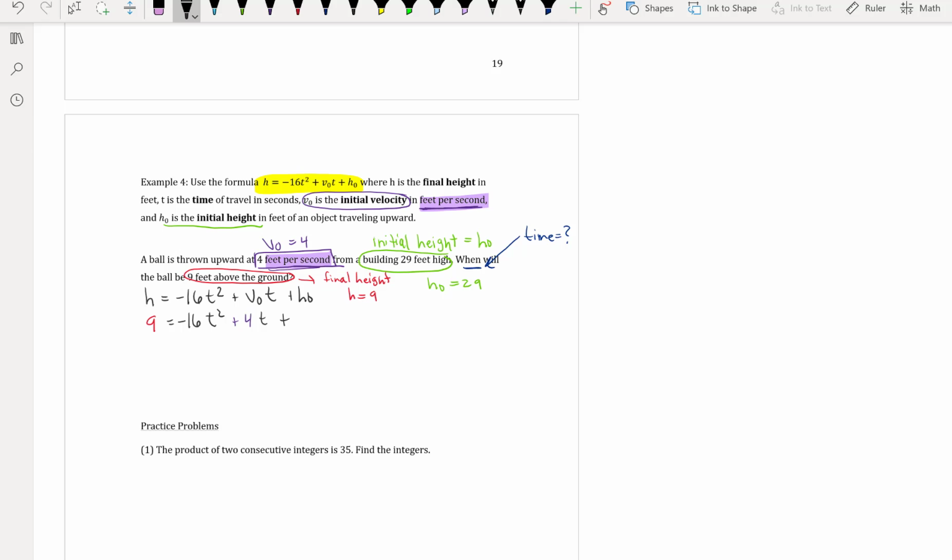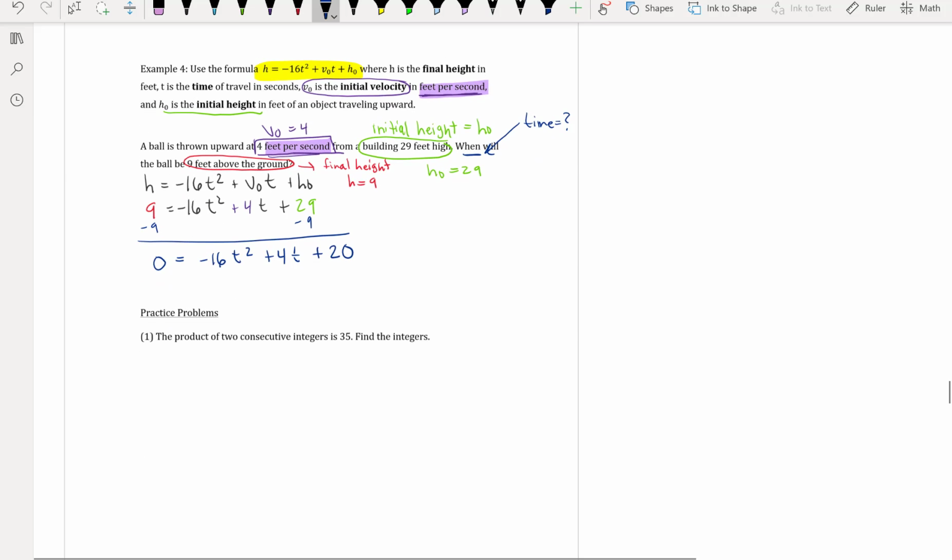And my initial height, that h naught, we said was going to be 29. So what I'm going to do first is subtract 9 from both sides so I can get a 0. So 0 is equal to a negative 16 t squared plus 4t plus 20.